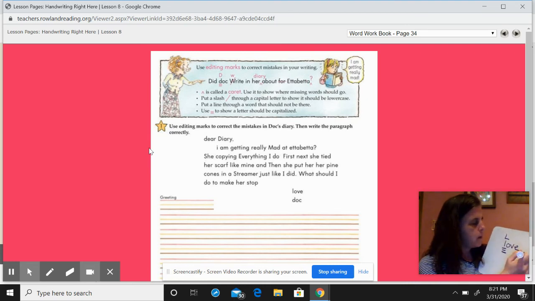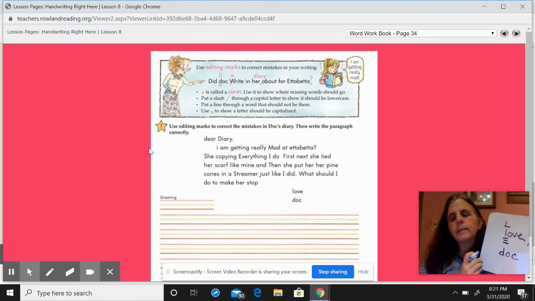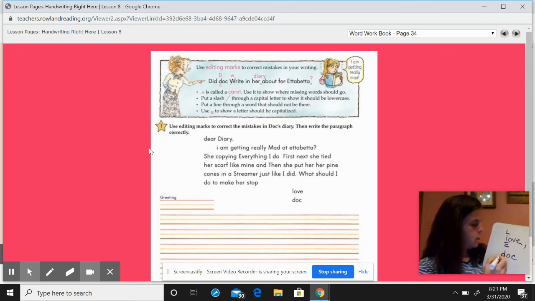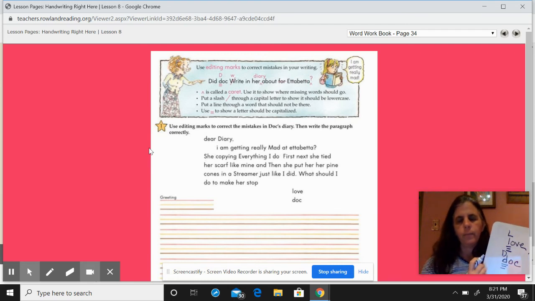Excellent. A comma, love, comma. And then look below. Doc signed her name, but she made a silly, silly error. What is it? Very good. 3 lines. She forgot to write her name with a capital D.